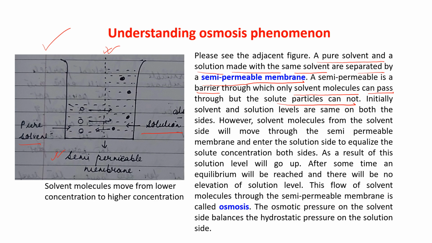So through the semi-permeable membrane, the particles of the solvent will enter and move to the solution side to equalize the solute concentration on both sides. As a result of this, what will happen? The solution level, naturally, will go up. The level of the solution will go up.